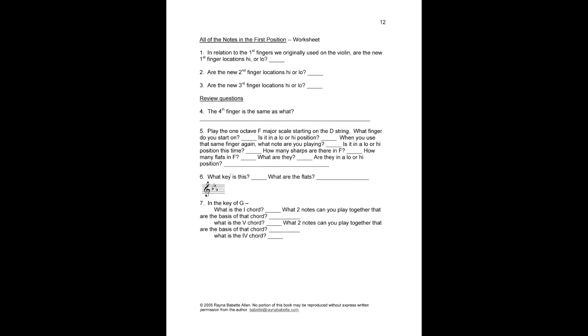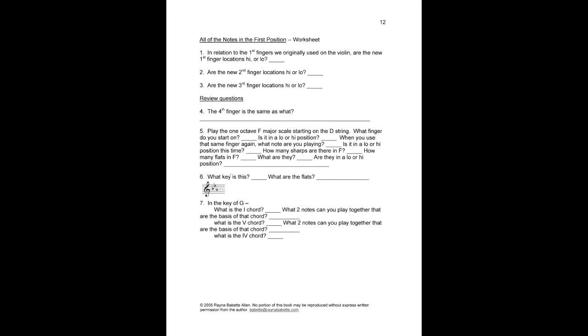And lastly, question 7. In the key of G, what is the 1 chord? The 1 chord in the key of G is G. What 2 notes can you play together that are the basis of that chord? Those 2 notes are G and D. What is the 5 chord in the key of G?